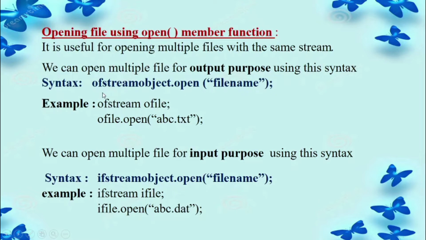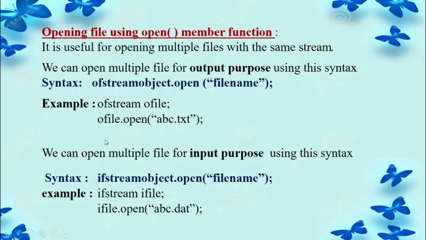Using the ofstream object, open is a member function, and here we have to specify the file name which should be opened. For example, ofstream is the class and file is the object name. Using that object, file.open, you specify the file name. This is the method for opening a file for output purposes, that is, opening a file for writing.